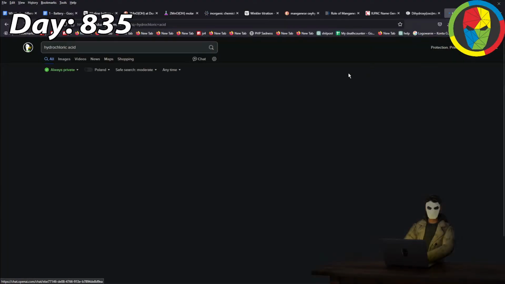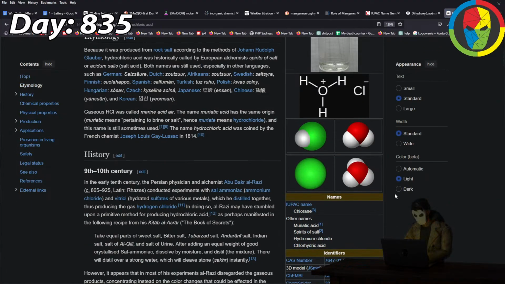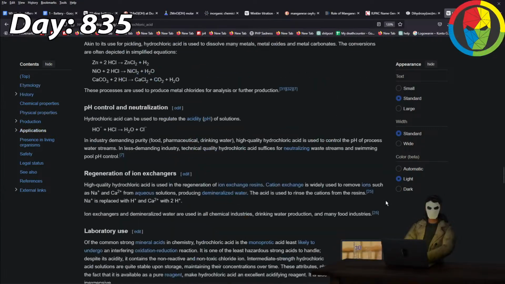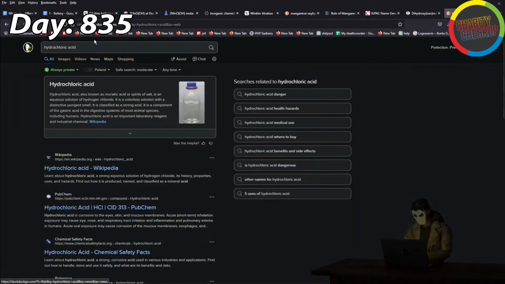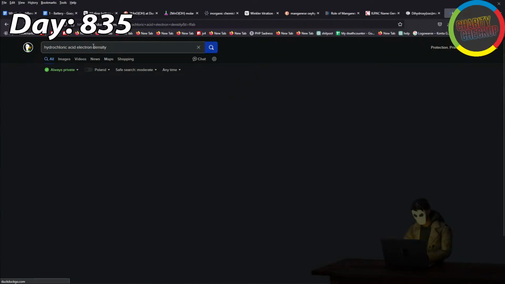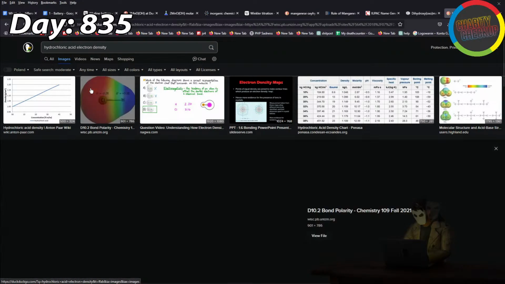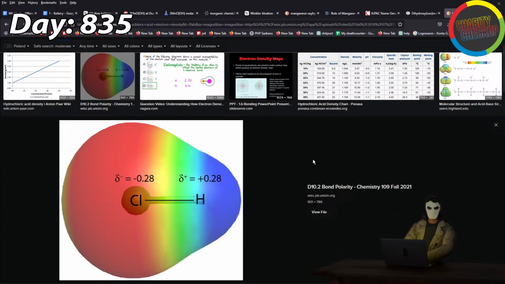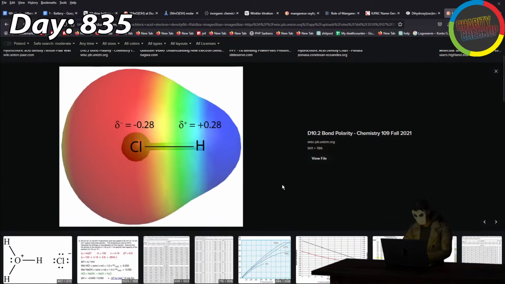Take a look at the electron distribution on this. Where's the electron distribution? Oh, electron density. There we go. Take a look at it. It doesn't want to exist, okay? You have a hydrogen that's barely holding on and chlorine on the other side. That's the first thing.